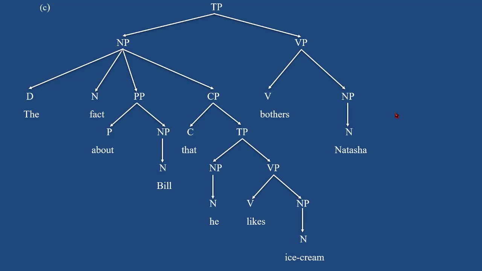This is the diagram. The fact about Bill that he likes ice cream bothers Natasha. Do you see the PP about Bill? Okay, about Bill. It modifies fact, the fact. All right. The CP, that's the PP. The CP also, the CP modifies NP. This is why we revised this NP, to add the CP.